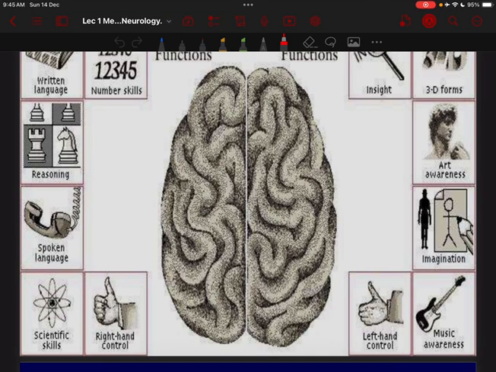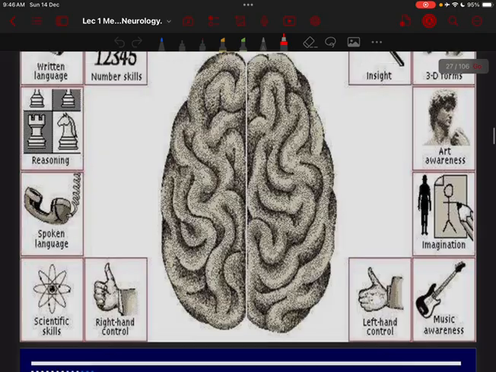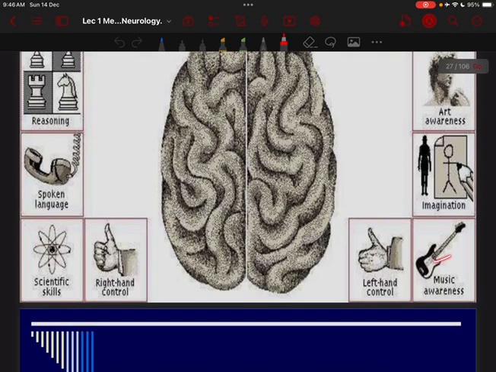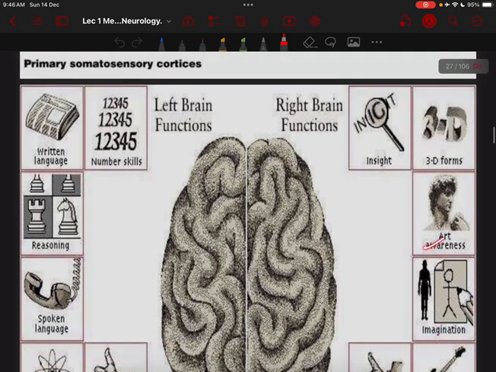What about the right side? It also has many functions, like left hand control, music control, imagination, and also other functions like insight and art awareness.